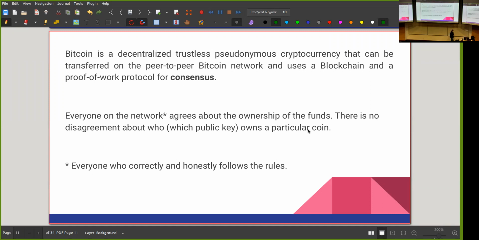We want everyone on the network to agree that, for example, Alice owns 5 coins. Of course, there is a small asterisk there: everyone who correctly follows the rules. If you're not following the rules, then you will not get the consensus. So we want there to be no disagreement about ownership.